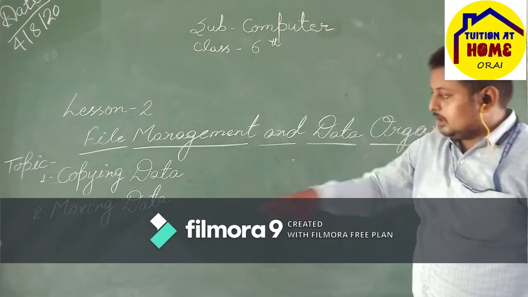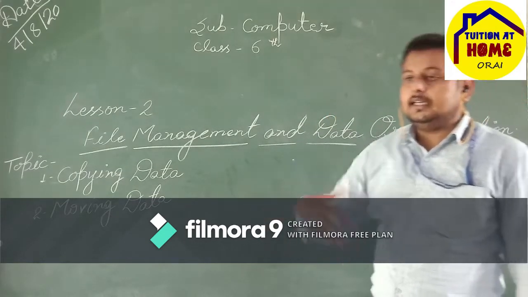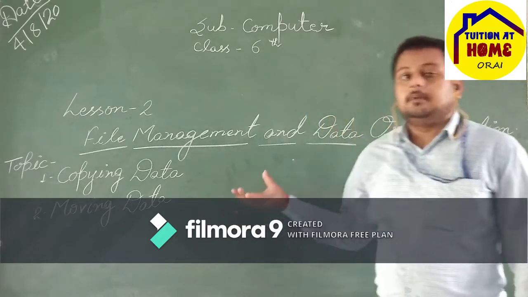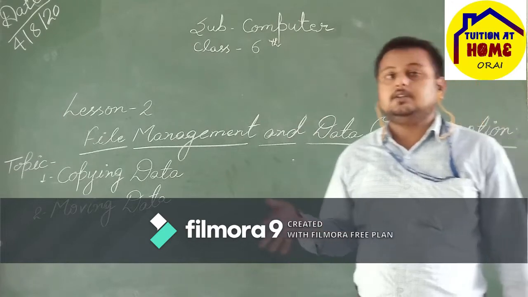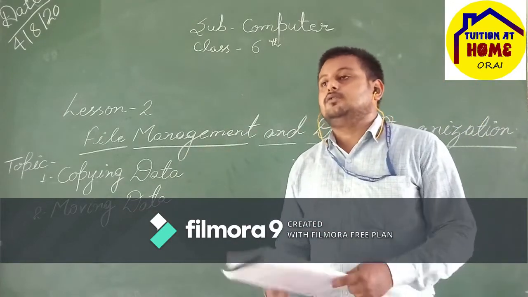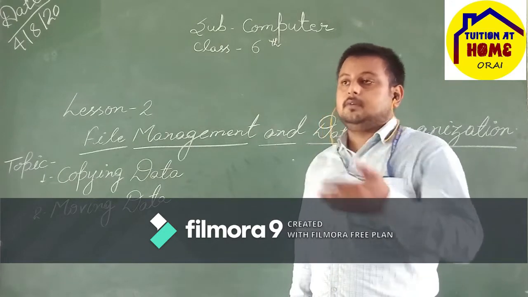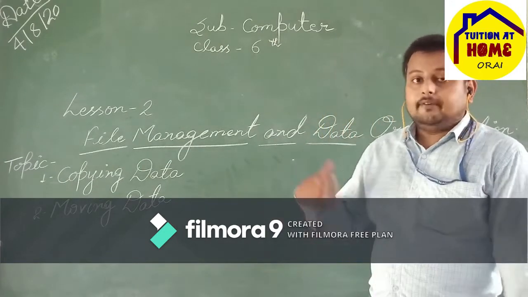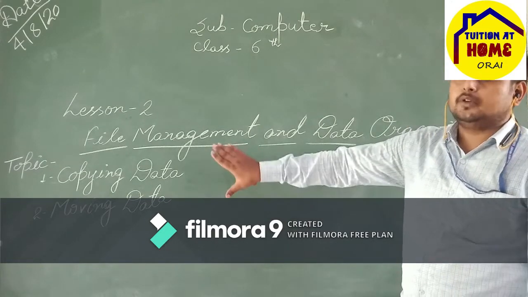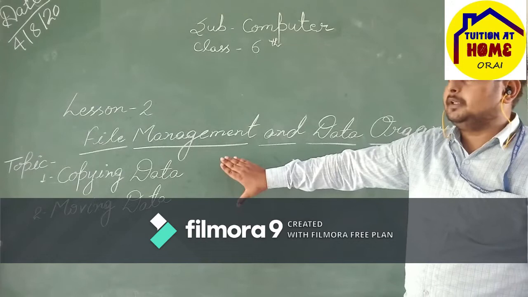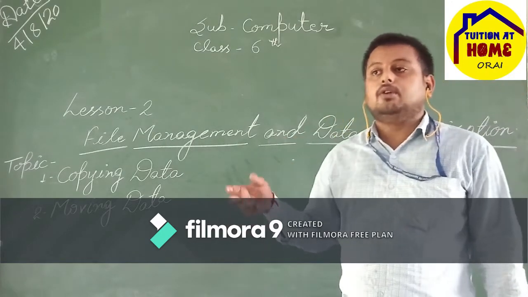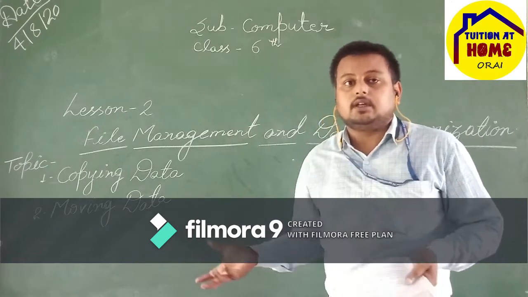Again I am reminding you that those who have not yet completed their first lesson, please complete it and send it to my WhatsApp number. My WhatsApp number is preloaded on the Google Classroom. You can get my number from there, and after saving it, you have to complete your work, meaning complete your exercise or your question answers, and click a picture of your completed work.